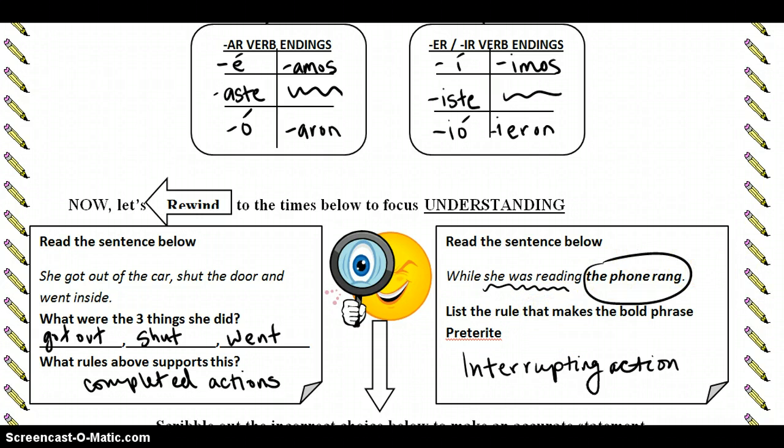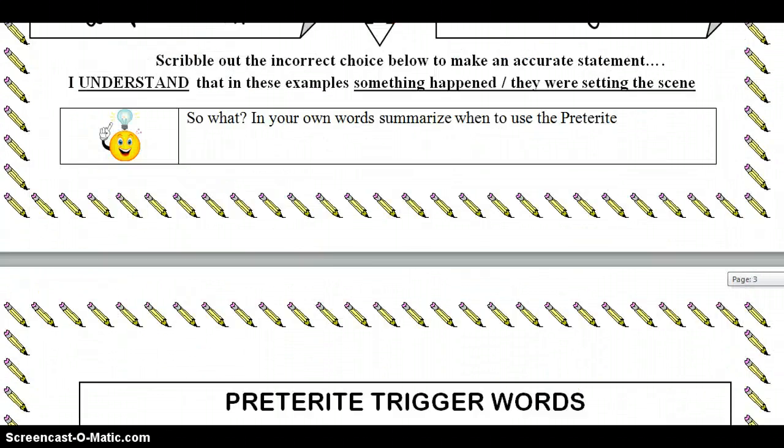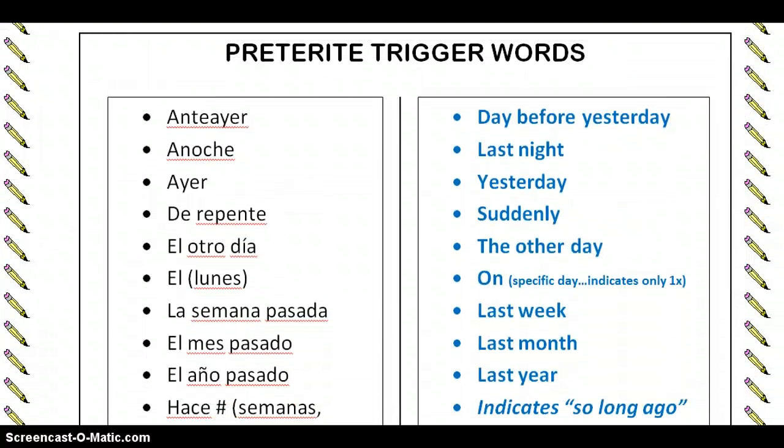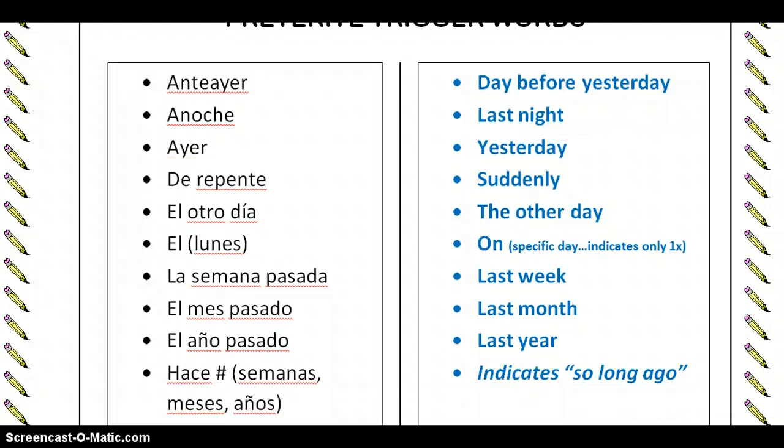Let's flip over our paper so we can get the very last set of trigger words. Take a moment to pause the video and copy down your Spanish meanings on the left with your English meanings on the right.